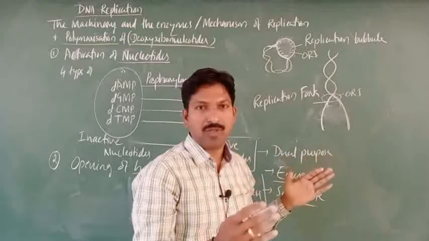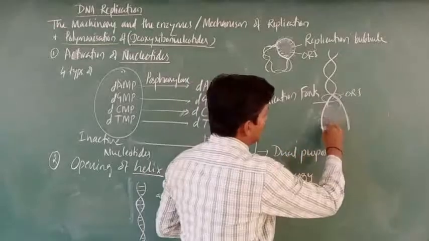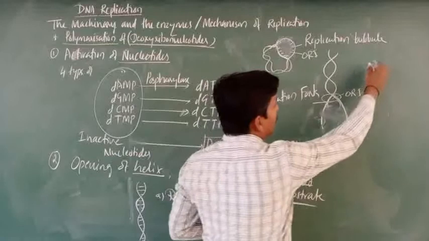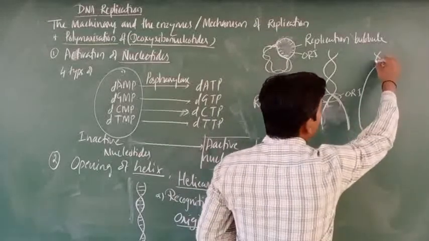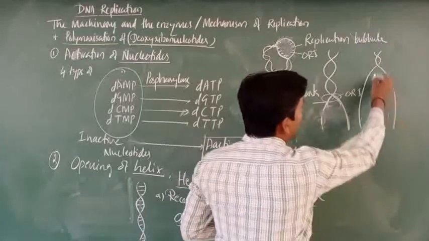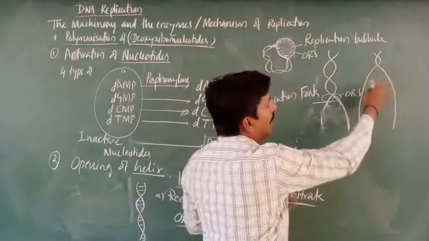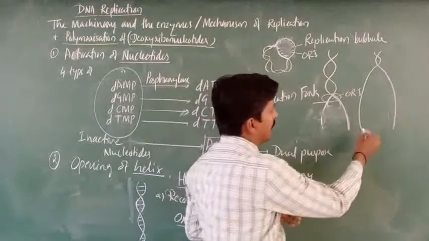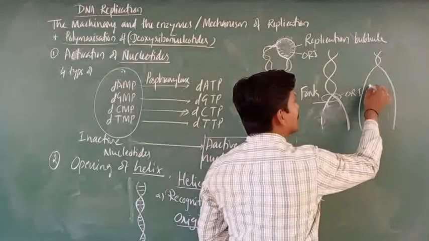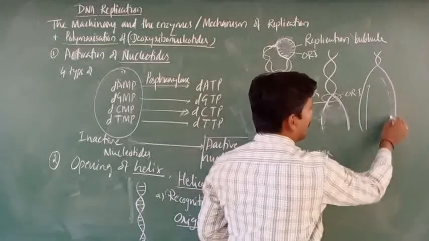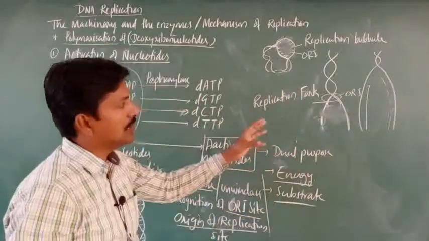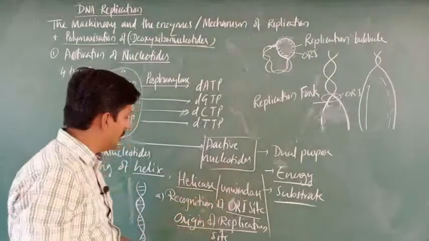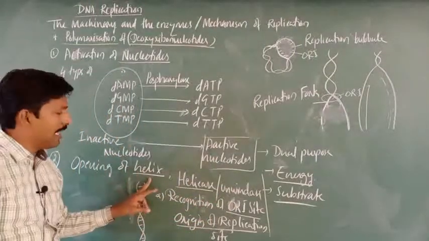It will break the hydrogen bonds and move like this. In this way it will go up, opening the strands, and new strands are formed like this. We'll see the full structure in the next step. So this is the opening of the helix.